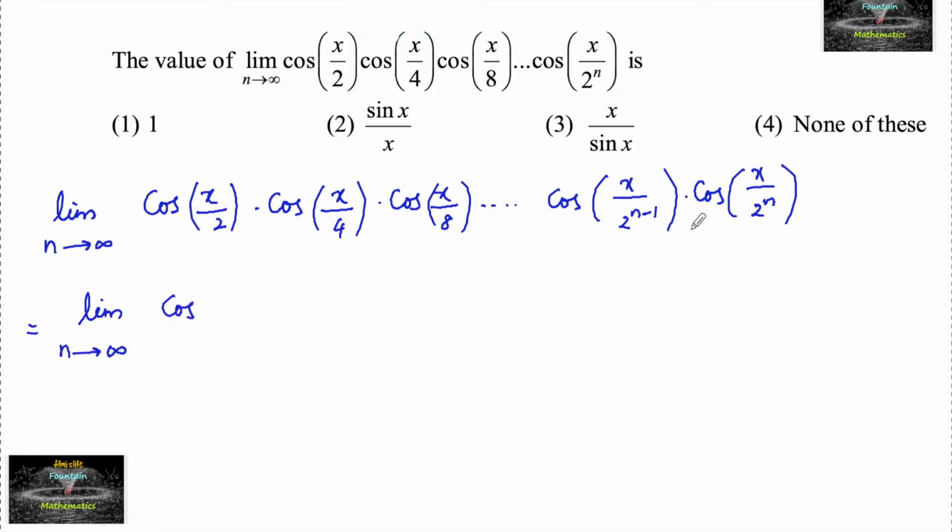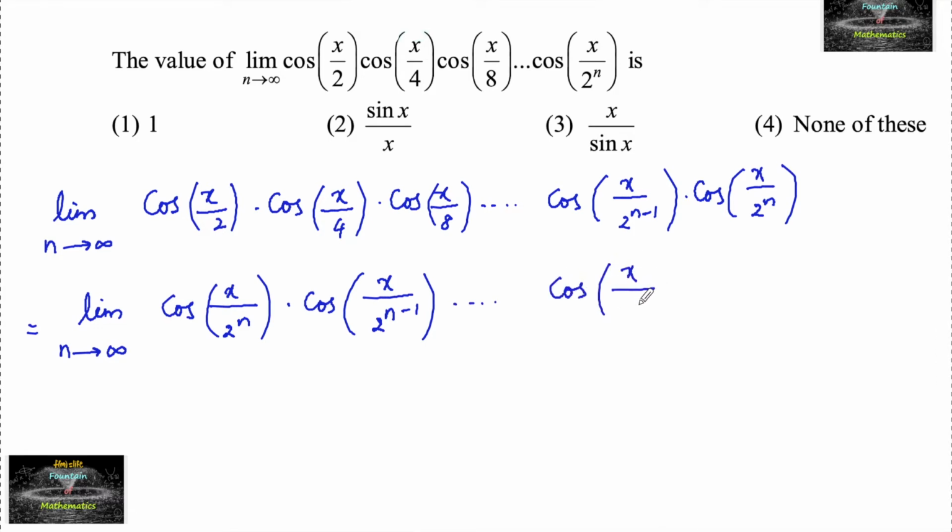So I want to write this product from the back: cos of x upon 2 to the power of n into cos of x upon 2 to the power of n minus 1 and so on, cos of x divided by 8, cos of x by 4 and cos of x upon 2.